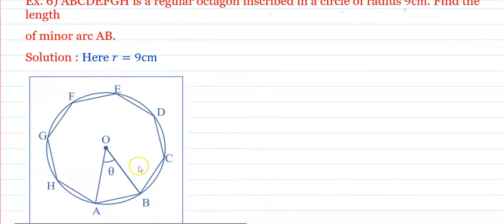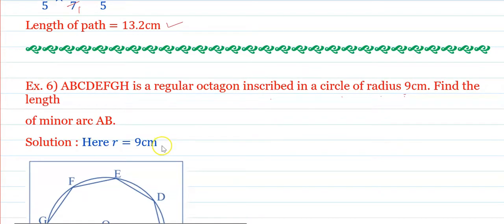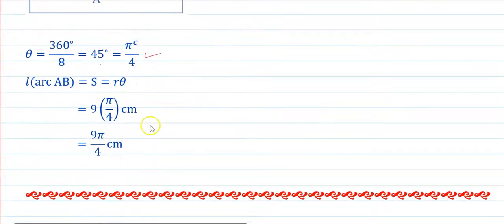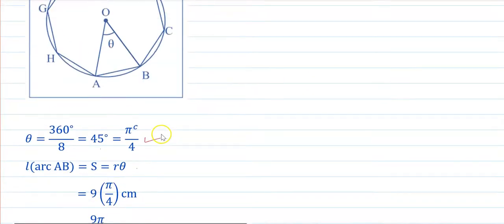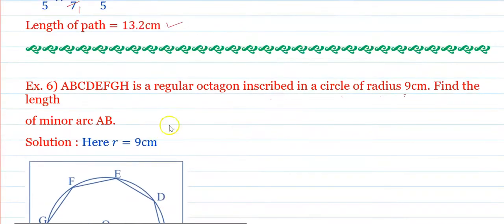R is 9, that is the given radius of the circle. 9 into pi by 4 radian, the value of theta. If you multiply, you will get 9 pi by 4 centimeter. This is the length of the minor arc AB.